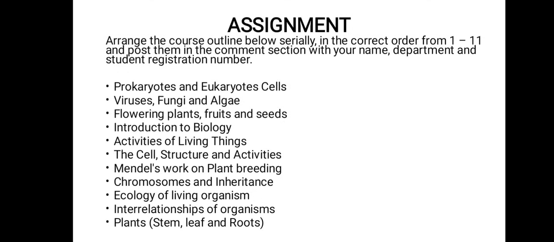So if you were paying attention throughout the discussion on the course outline and its contents, you have to arrange this course outline shown here below serially in the correct order as we discussed it, from number 1 to number 11 correctly, and then post them in the comment section with your name, your department, and your student registration number. And once you have done that, you post it.